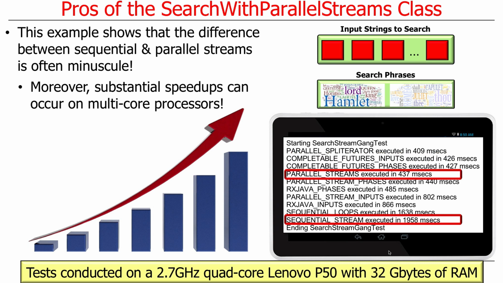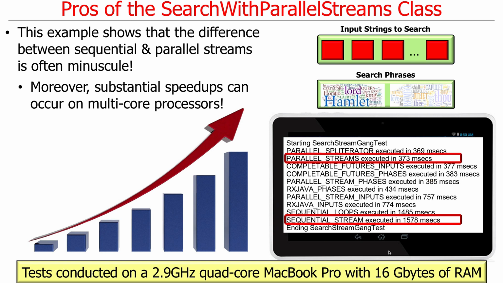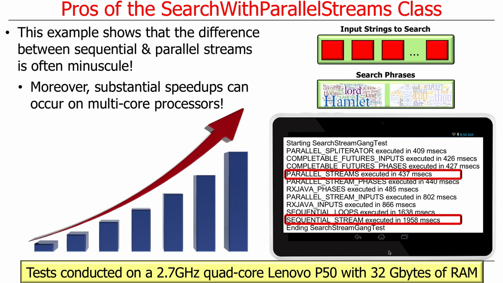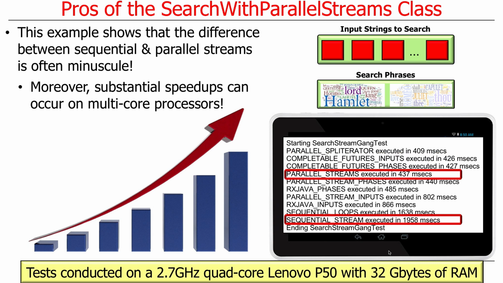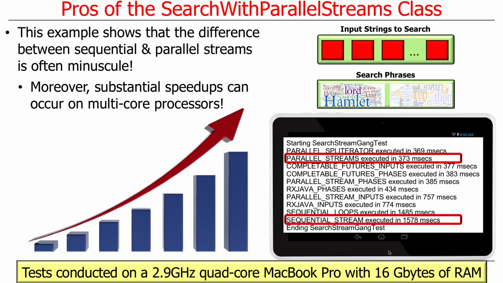And you'll also see that this was 2.7 gigahertz quad core. This is 2.9 gigahertz quad core. And if you look carefully here, because the processing cores are faster, it takes less time to run. So this took about 1,600 milliseconds, whereas that took about 2,000 milliseconds. And this took about 373 milliseconds, whereas that took 437 milliseconds. So this machine is faster.